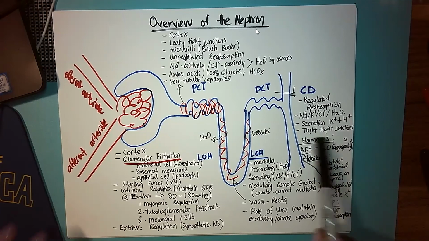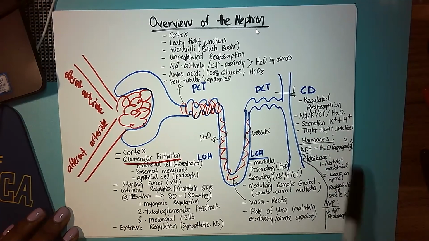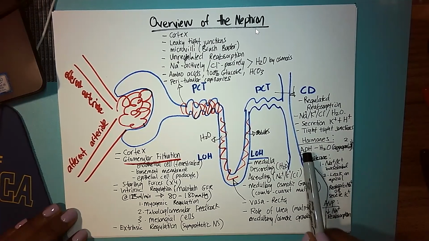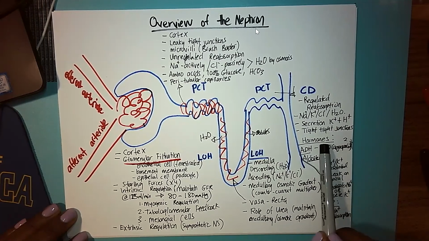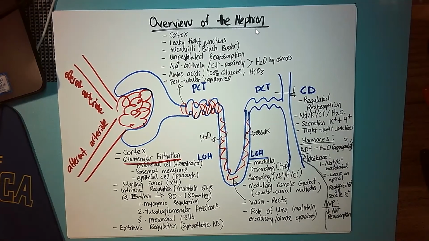Now, I want to point out something that we spoke about as we talked about balance, this idea of solute and water balance. Although ADH has a main role of influencing water reabsorption, as a secondary role it's also going to influence sodium reabsorption. And the reverse is true.